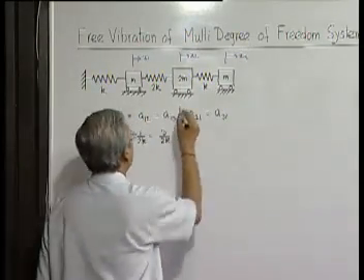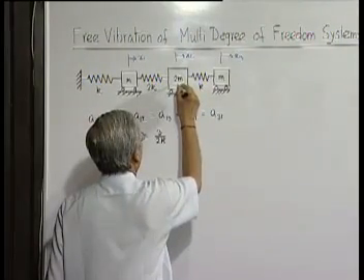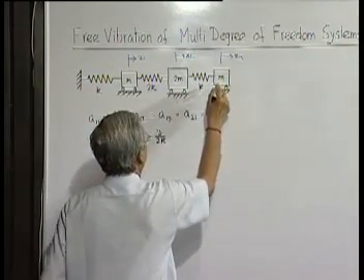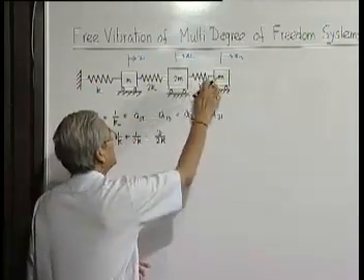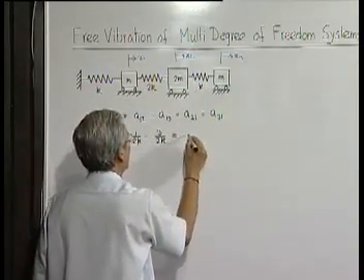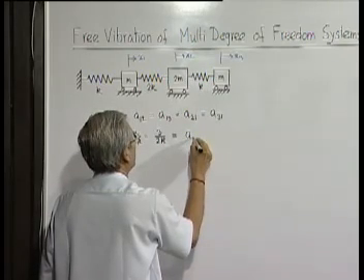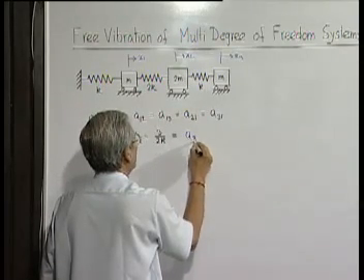And obviously, if you apply a unit load here, the displacement of this will be same as the displacement of this, because this moves just like a rigid body. This spring is not stretched. So, this is obviously A32.